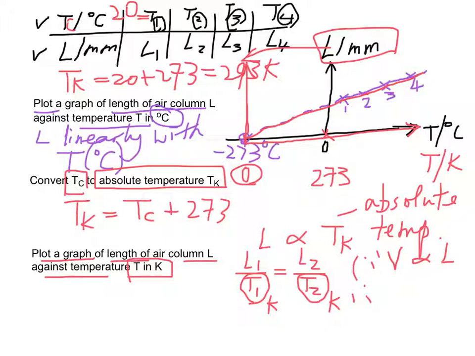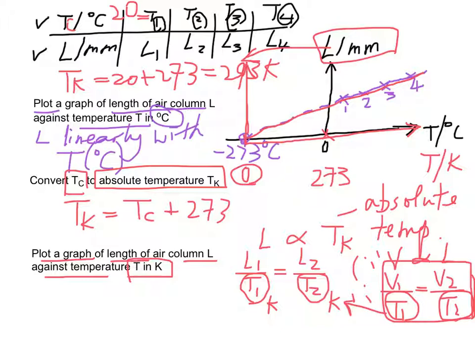Therefore, we have V1 over T1 equals V2 over T2, and this equation is useful for calculation when the gas is of fixed mass and changes its volume and temperature under the condition of constant pressure. Notice that the temperature is absolute temperature. The unit is Kelvin.